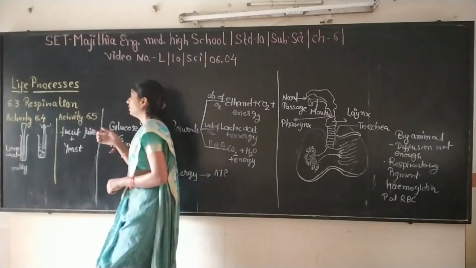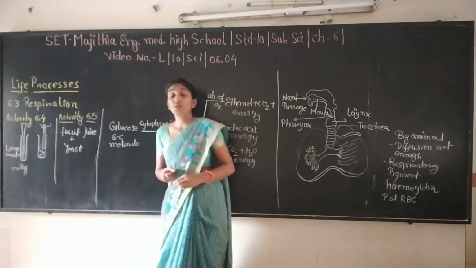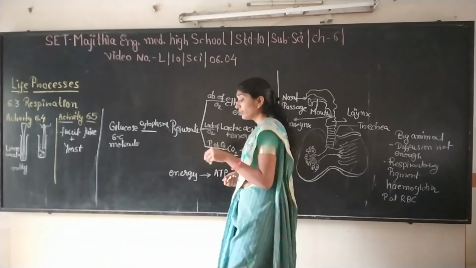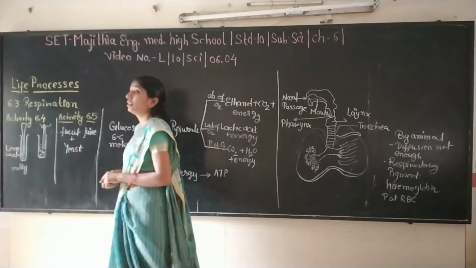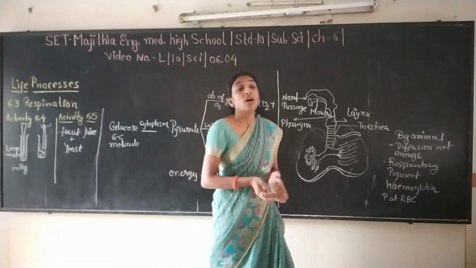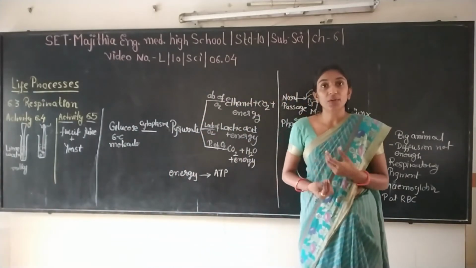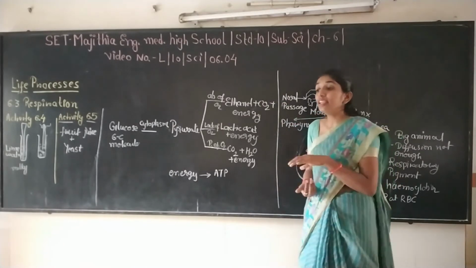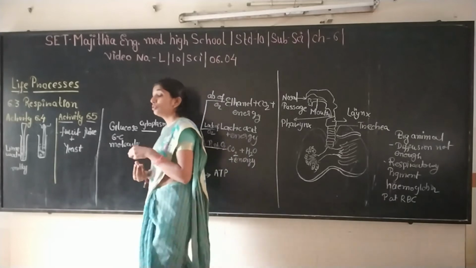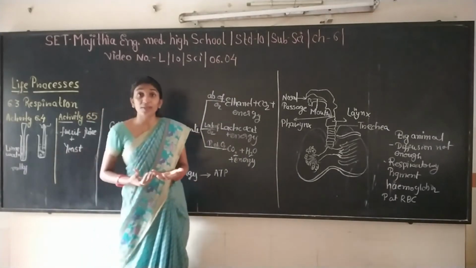Another activity is Activity 6.5. In this activity, you are supposed to take fruit juice and add yeast into it. This is what we have discussed before. Whenever yeast is added to any food item, in the presence of sugar it releases carbon dioxide.